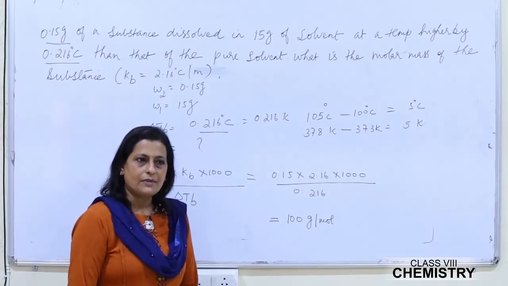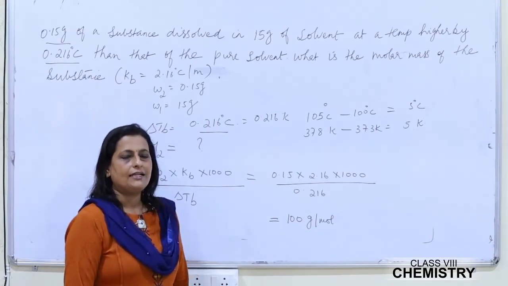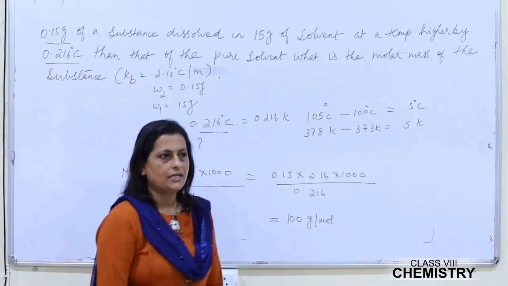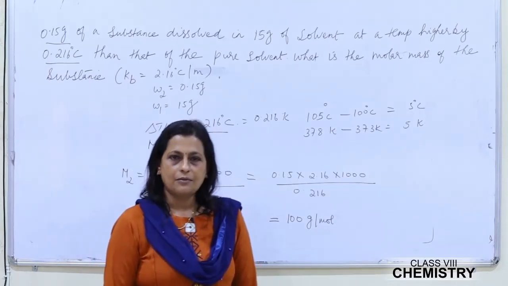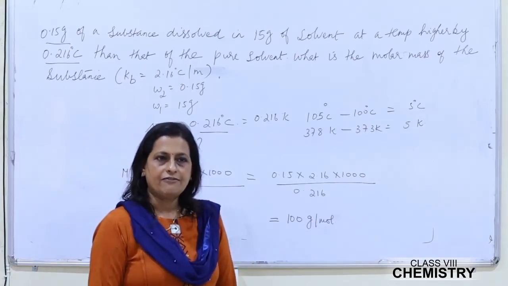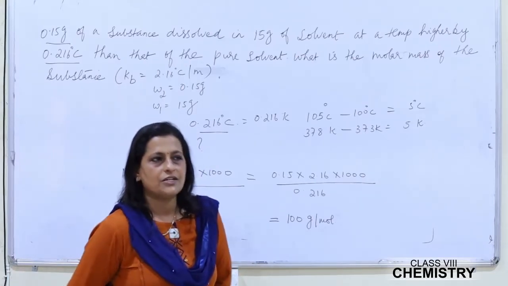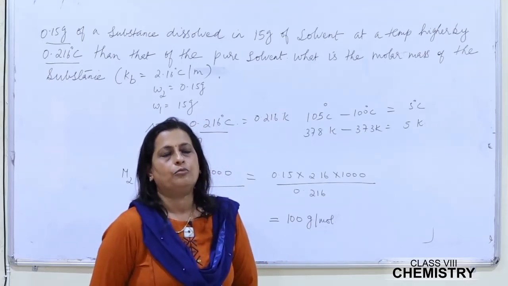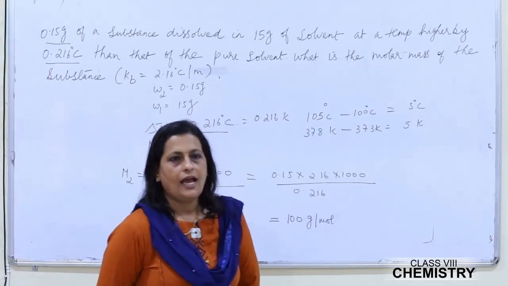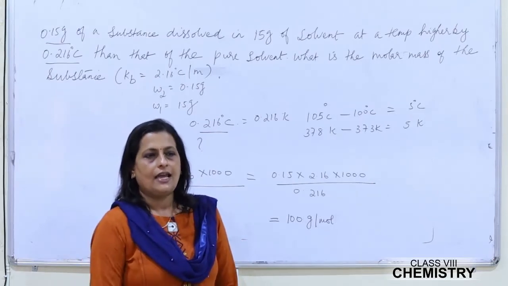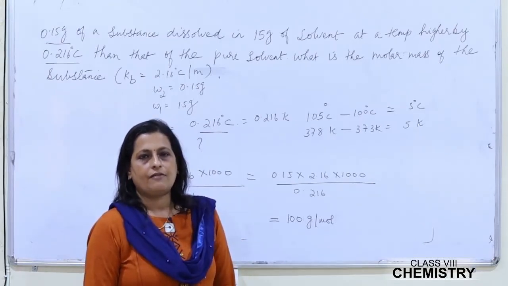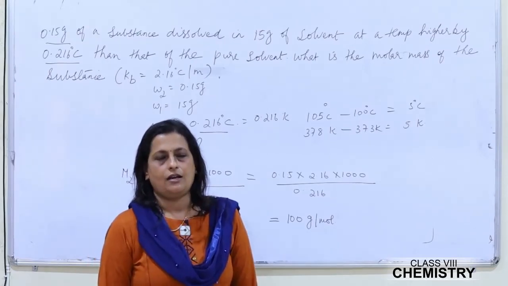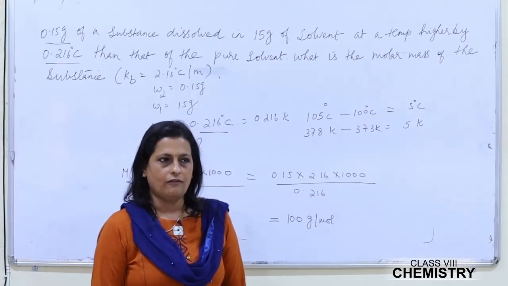Because molarity depends on temperature and molality is independent of temperature, and we derive the relation delta Tb is equal to Kb into m, and we defined Kb. Kb is elevation in boiling point or molal elevation constant, and it is defined as elevation in boiling point when 1 mole of non-volatile solute is dissolved in 1 kg of the solvent.